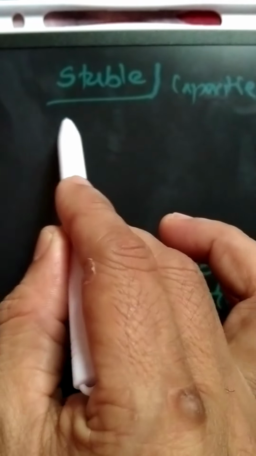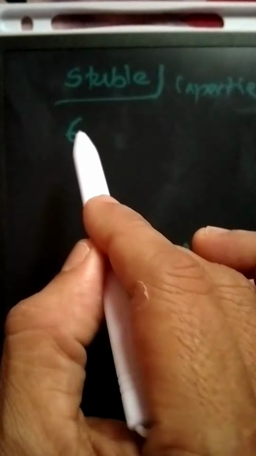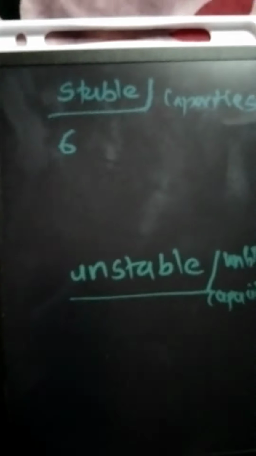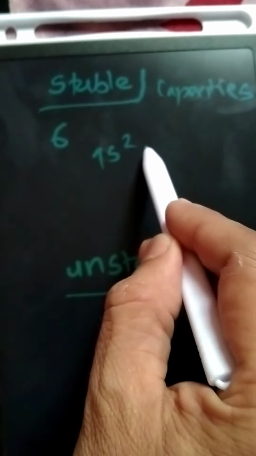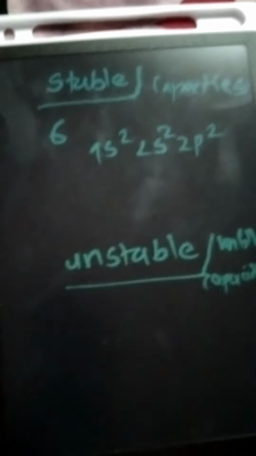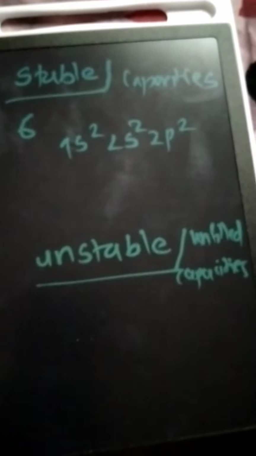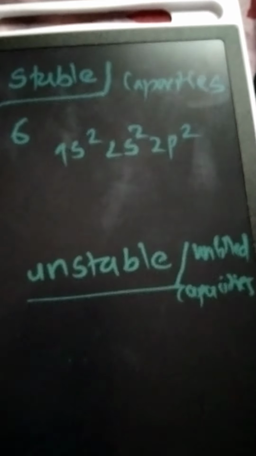For a stable configuration, for example, if 6 electrons are there, the atom configuration would be 1s2, 2s2, 2p2. Means it's a stable configuration, with each orbital having occupied states of electrons.